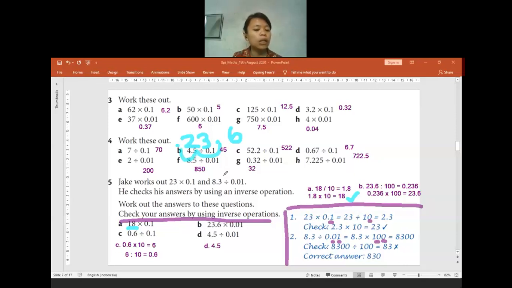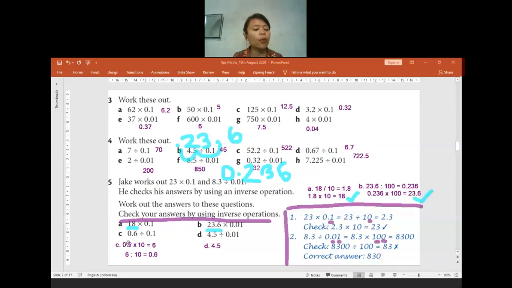That's why the answer is 0.236. Now we have to check it using inverse operation. So we take 0.236 and multiply it by 100. The answer is 23.6, which is the same as the question. So the answer that we got is correct.